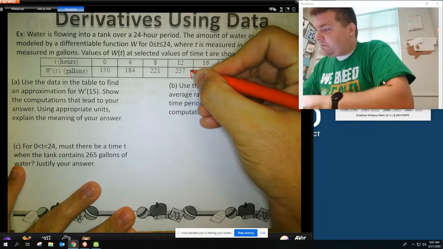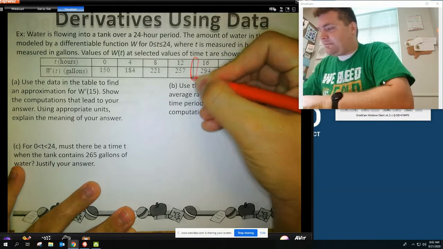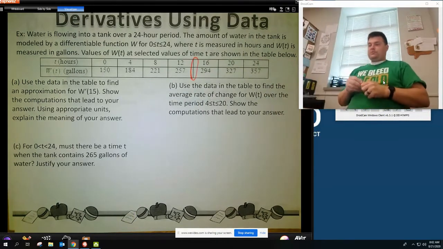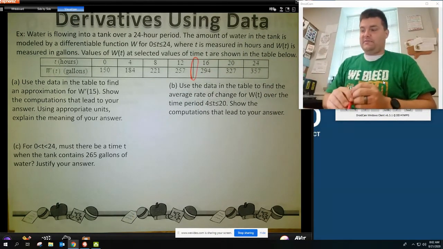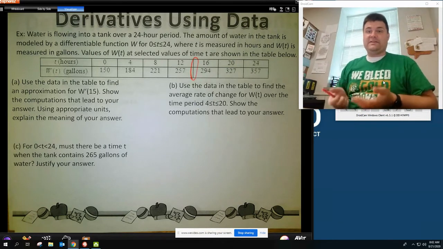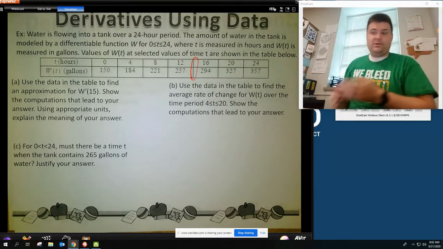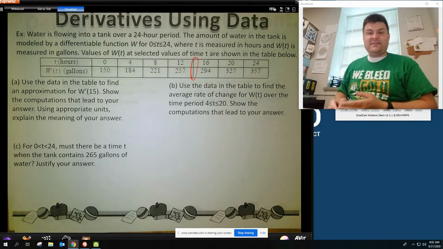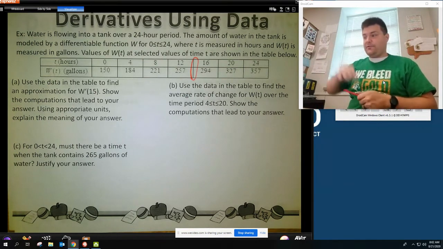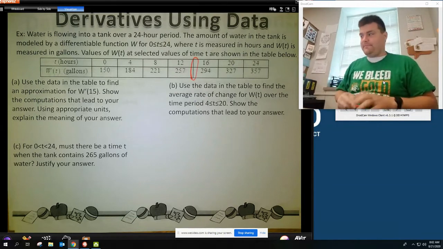So W of 15, we don't have that in our table, by the way. It's somewhere in here, a little bit closer to the 16 side. So, a derivative is a rate of change. A derivative is a slope. So to approximate the slope at 15, I have to do my rise over run using the values that I'm given.